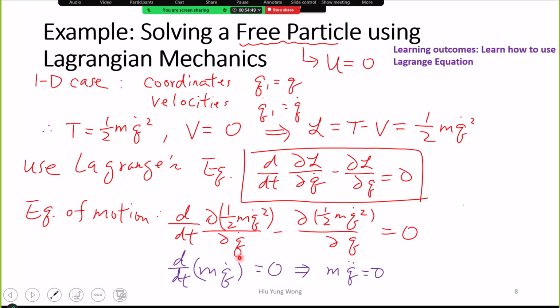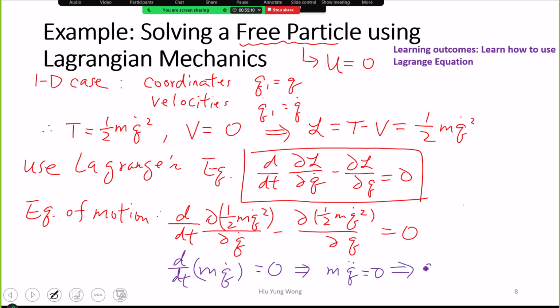Because if you have one more dt, a second derivative, you just put one more dot. So this is just the convention. What is the second derivative of position? First derivative is what? Velocity. Second derivative is acceleration. Very good, right?